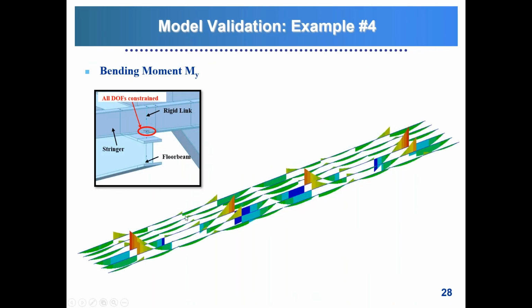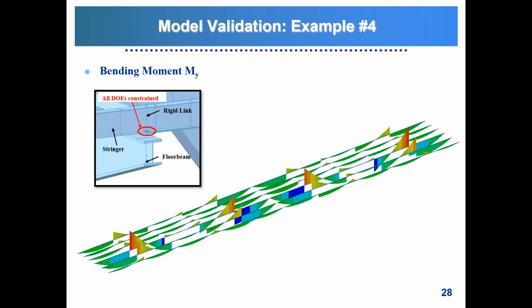But when we looked at the bending diagrams, we did see that negative moment at the floor beam locations, but immediately at the other side of that floor beam, we were seeing a positive moment. So there was a step in the moment diagram that was just not making sense. So that immediately raised a red flag that there was something going on with the model.